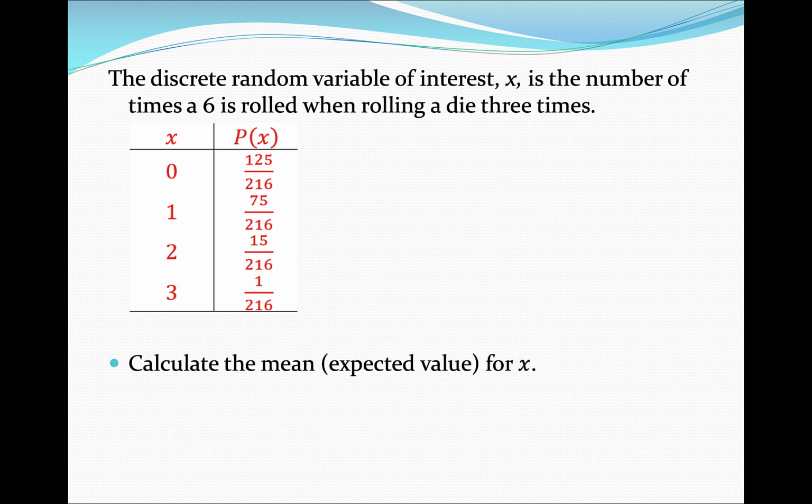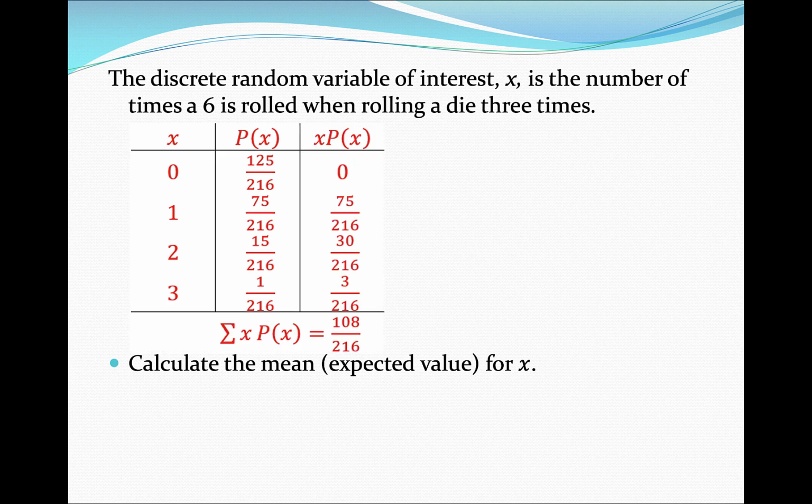So now that we have the probability distribution, we can do what we did before. We can calculate the mean, and that's what we are going to do here. So to calculate the mean, we first need to create this column. This is the way I always do it, at least. It's how we typically deal with sums. We just create columns for what we need.